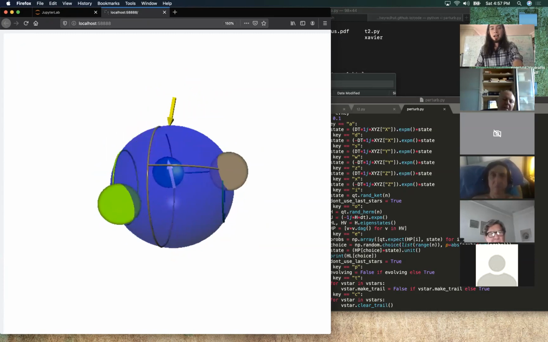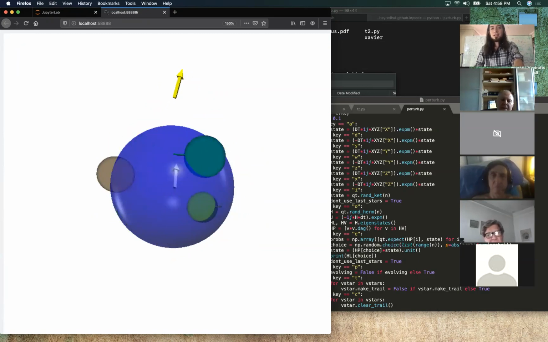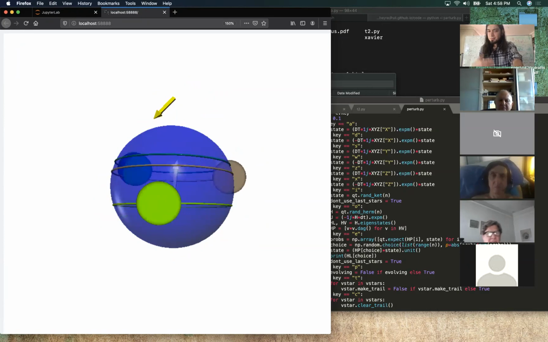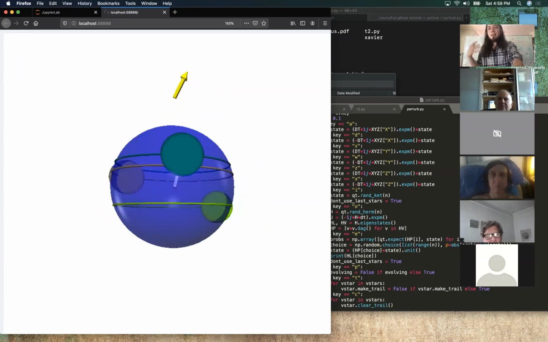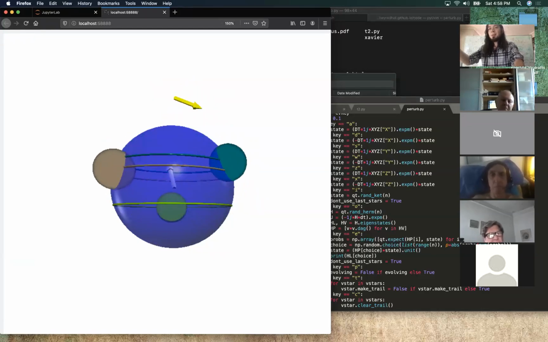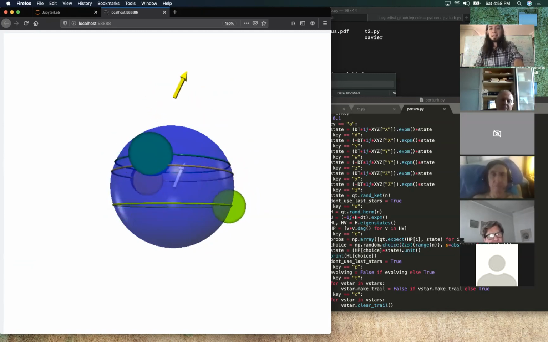I can do a Y rotation and so forth. I can clear these trails. At the top, that yellow arrow is the overall phase of the wave function. Because remember, the state itself is defined by the constellation and also the overall complex number that you can multiply the polynomial by. So that's just there for completeness.